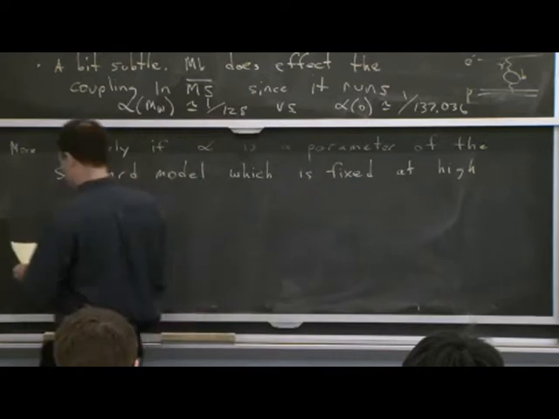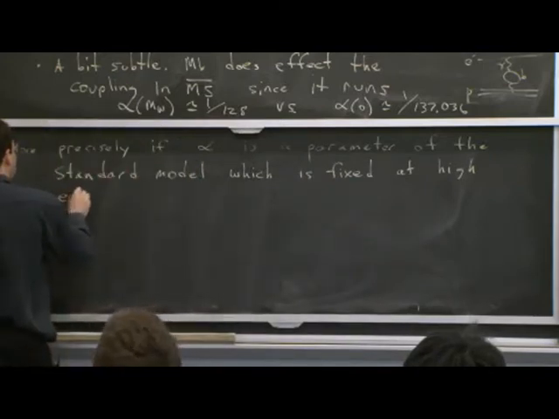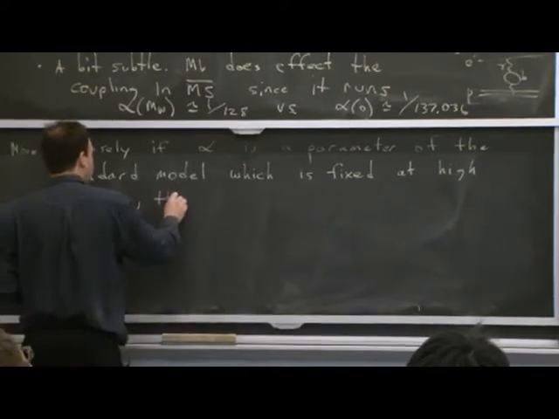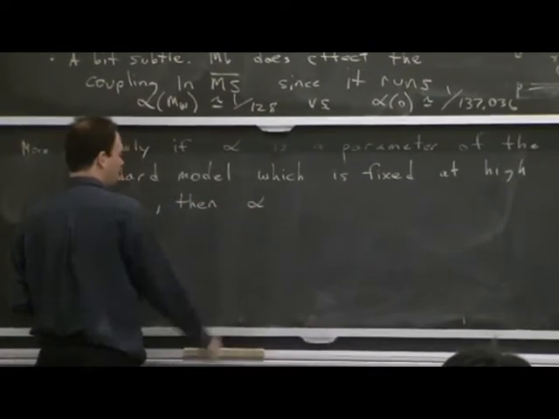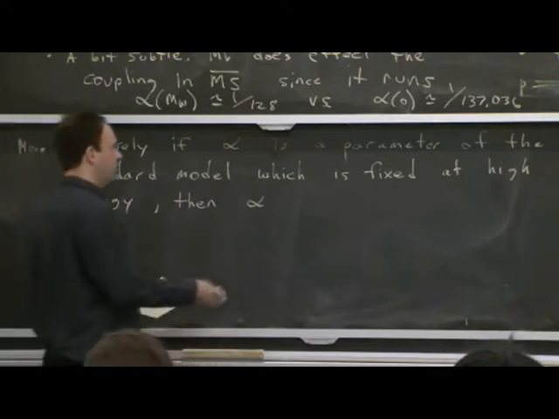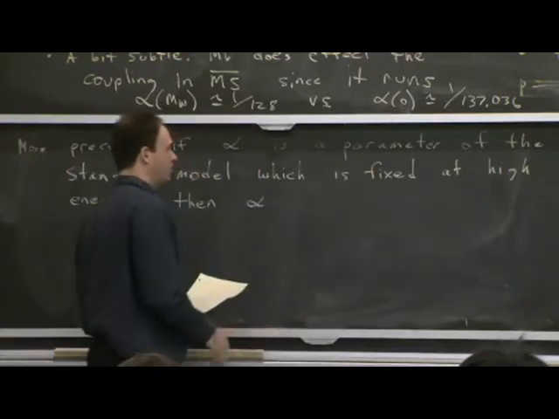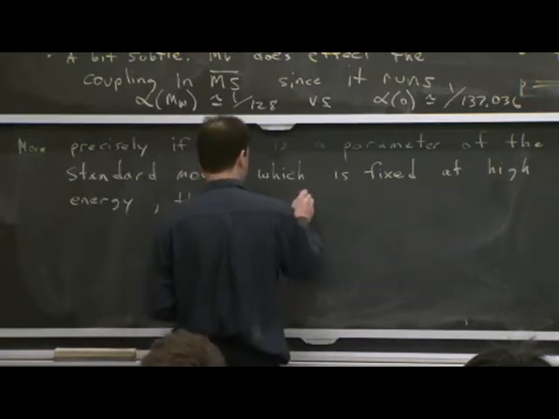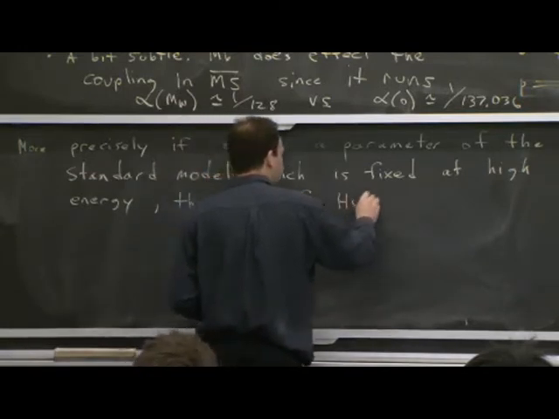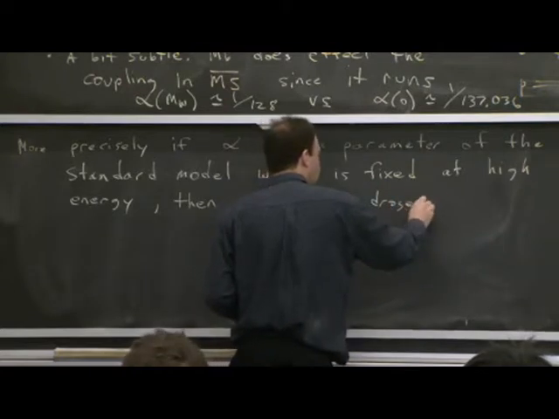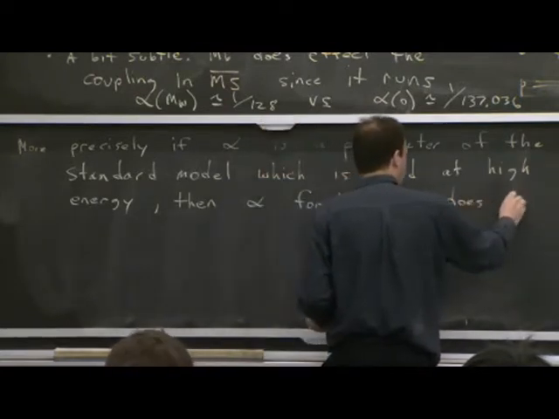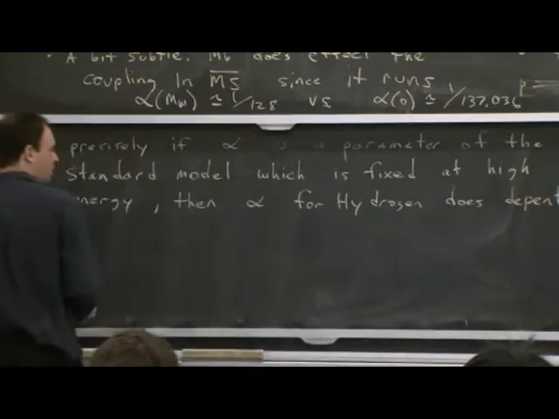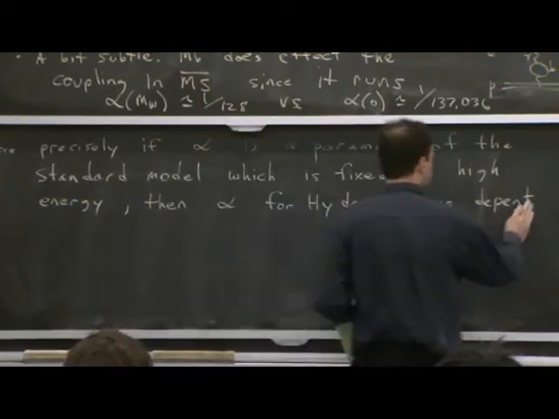We determine, say, for example, this value. If we take that attitude as how we define the parameter, then the parameter that actually matters for hydrogen, which is this parameter at the low scale, does depend on the bottom quark. Because how we get from the high scale to the low scale depends on the fact that the bottom quark exists.